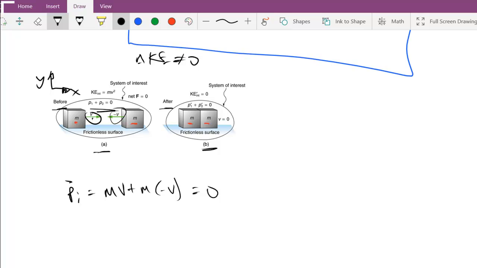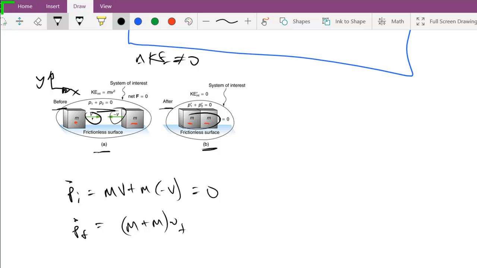So then the final momentum, which we know because this is an inelastic collision, they've shown them stuck together. The final momentum is the mass of A, which is m, plus the mass of B, which is m, times their final velocity.